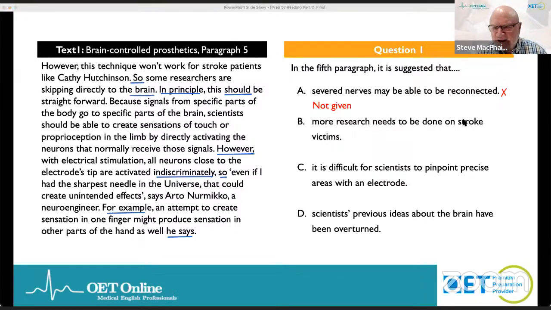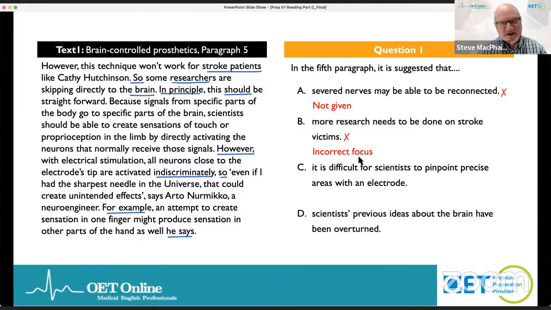So that's a typical type of question you'll see in OET. We've got stroke patients here, that's a synonym. We've got researchers here, but it doesn't line up. It's a different research. So it's wrong. We know that it's incorrect, folks.